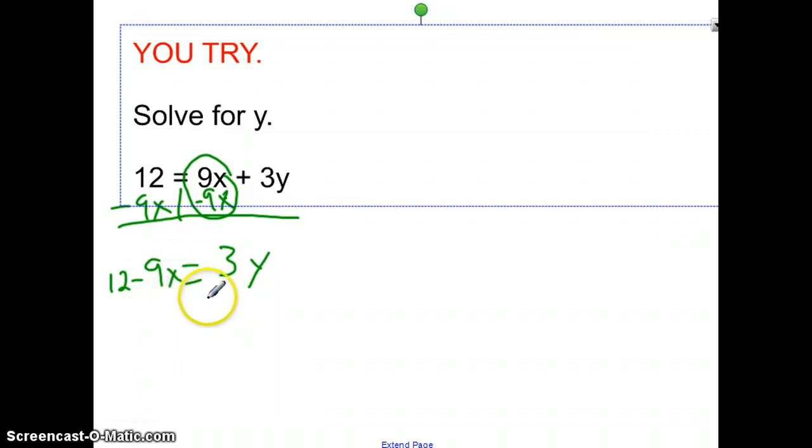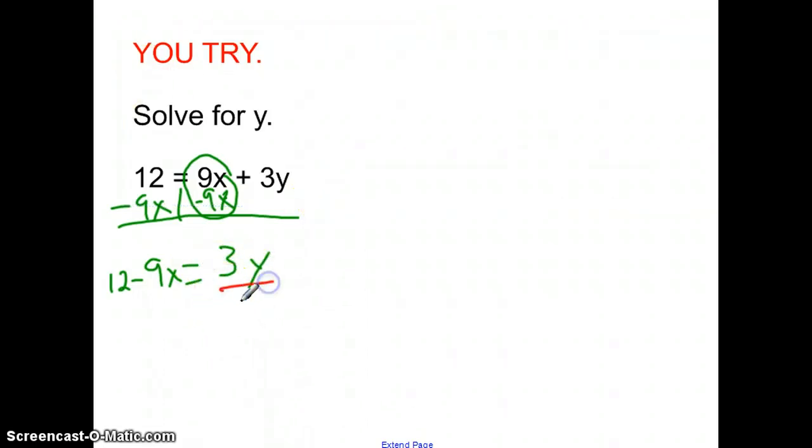Now we still want to get y by itself, and it's currently being multiplied by 3. The opposite of multiplying by 3 is to divide by 3. So divide this side by 3, which means you've got to divide everything on the other side by 3 as well. This simplifies to 1, so now we've got just y on the right. Looking at this, 12 divided by 3 is 4.